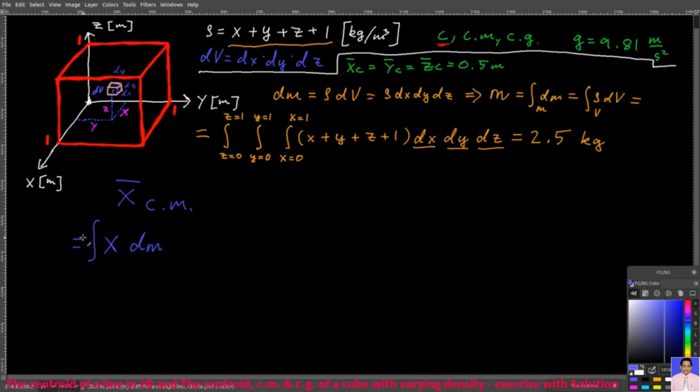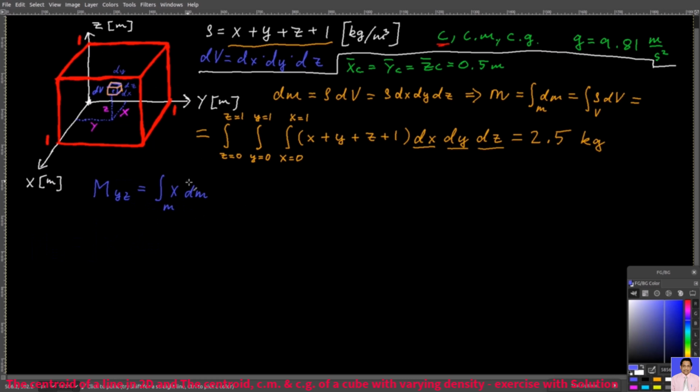And we can call this integrated product myz. Again, it's not a moment, it's an integrated product of a differential mass and its respective x value. And the reason why I put here yz is because this x, it essentially tells you the distance between your differential mass and your zy plane.